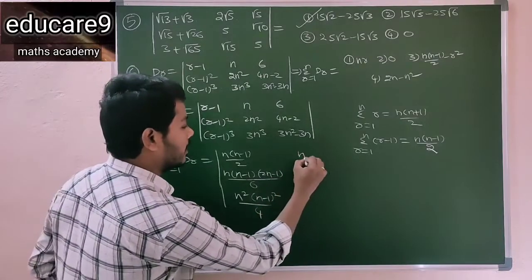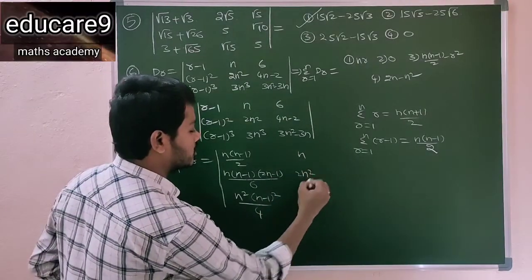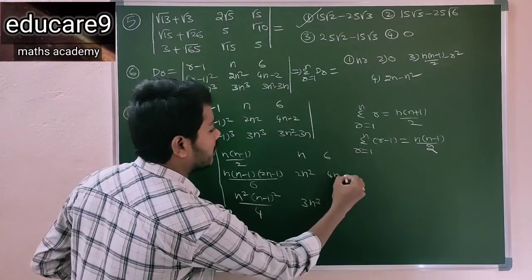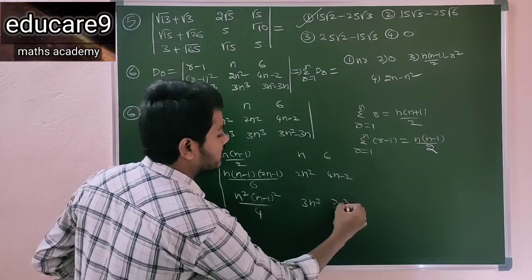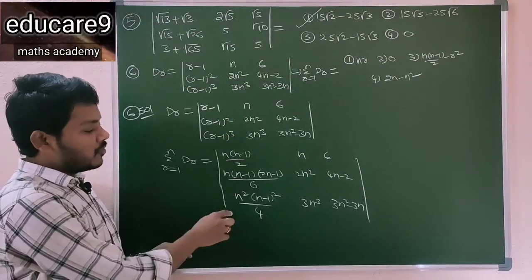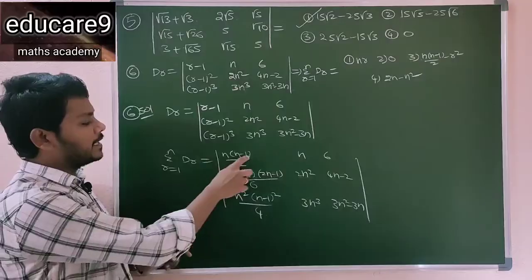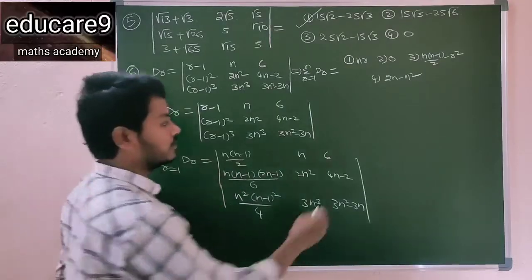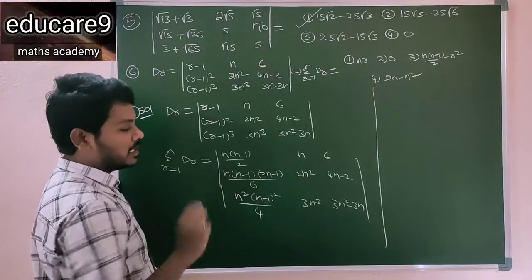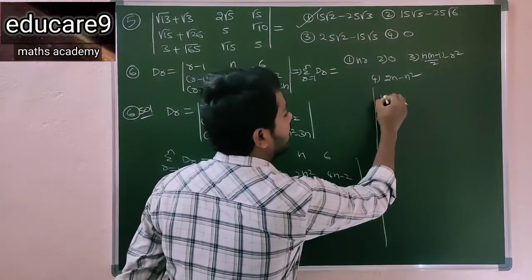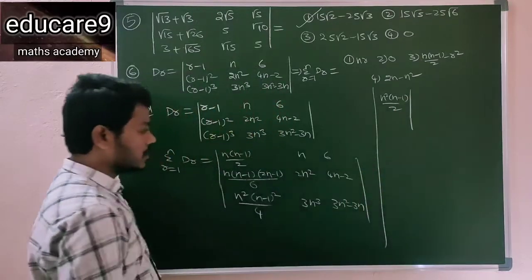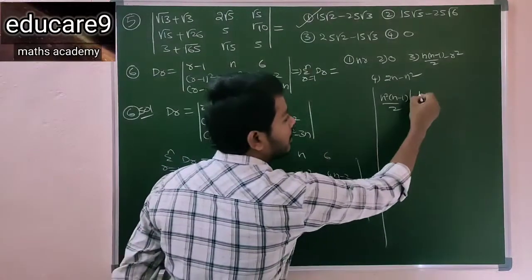So the remaining entries are n, 2n square, 3n cube, 6, 4n minus 2, 3n square minus 3. So clearly from the first column, n into n minus 1 by 2 is common, and from the second column n is common. So you will get n square into n minus 1 by 2. So here 1.